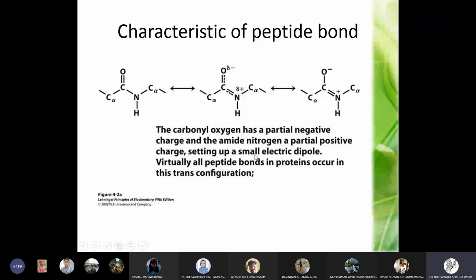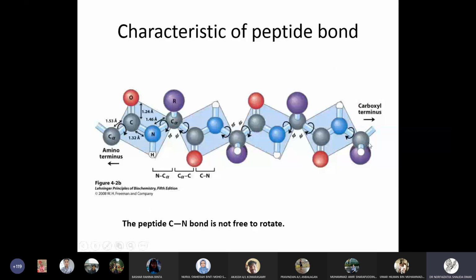So when we draw an amino acid or a polypeptide chain, we usually put it in this zigzag form to indicate that it is in a trans configuration. Okay, so this is another example.